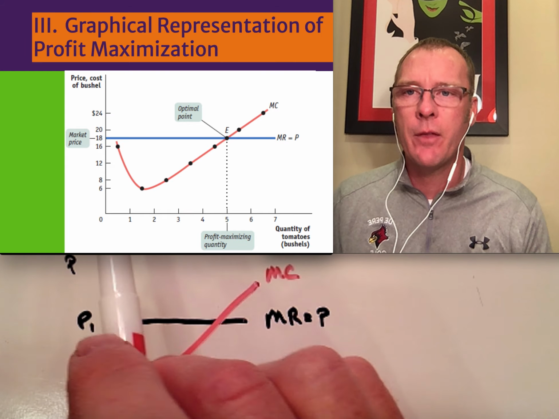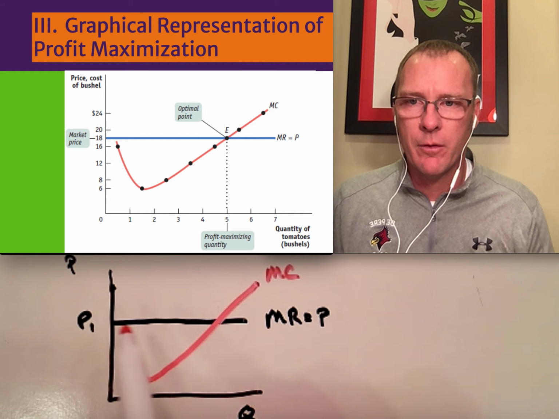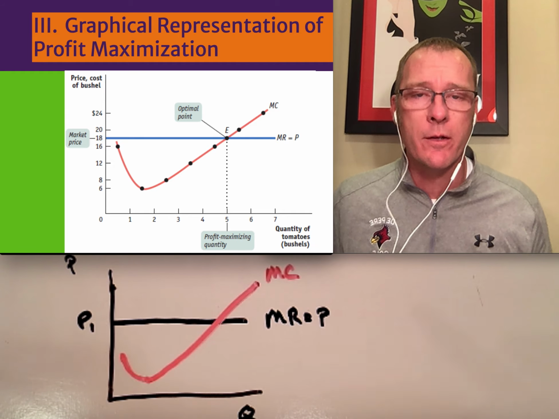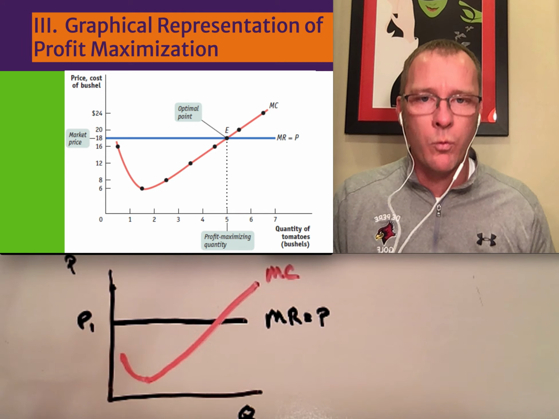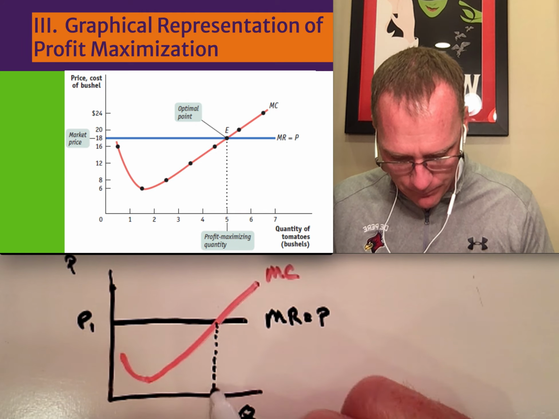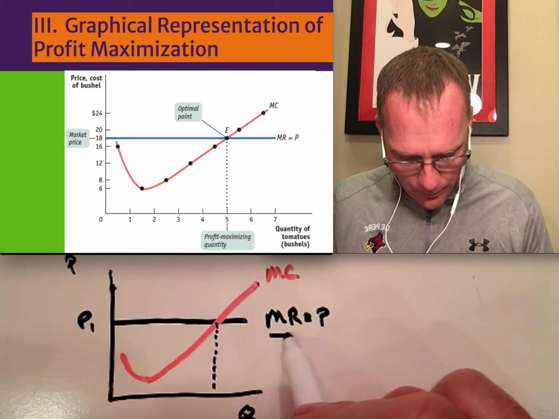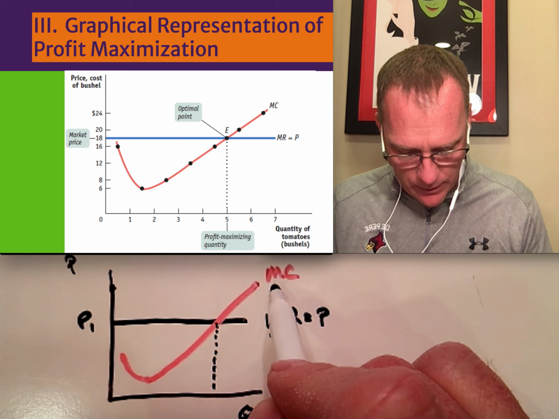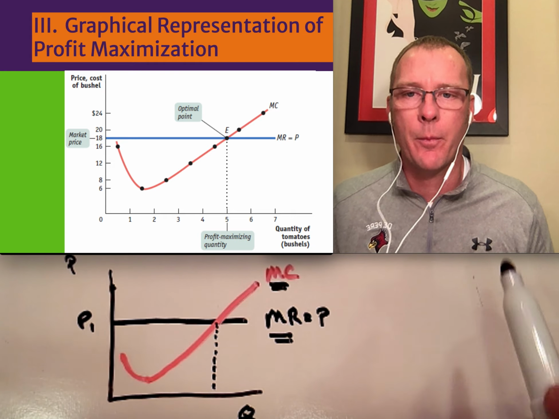You're going to see that my marginal cost and my price, my marginal revenue, are going to cross at a certain point. Where they cross, what that indicates to me is that my price is now equal on a per unit basis. My marginal revenue is equal to my cost on a per unit basis.